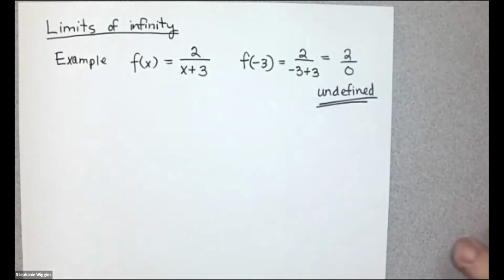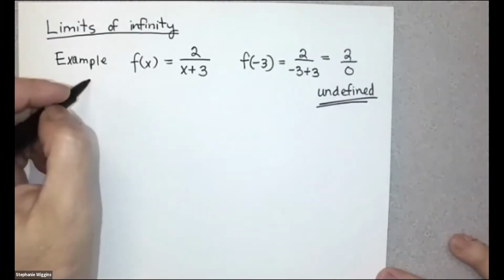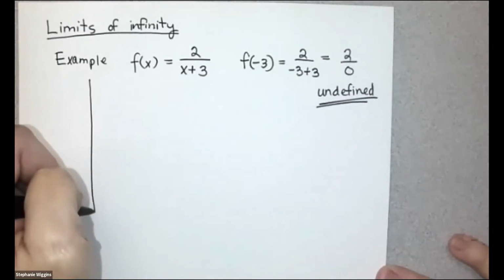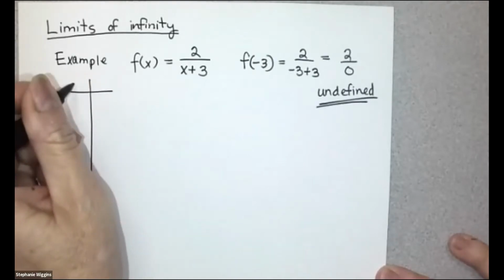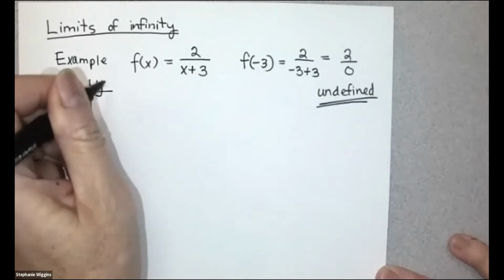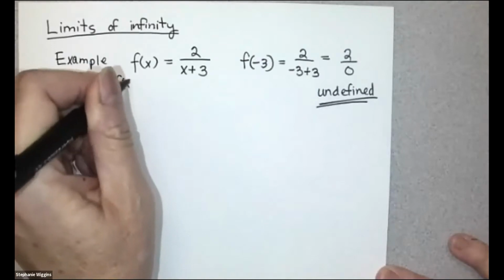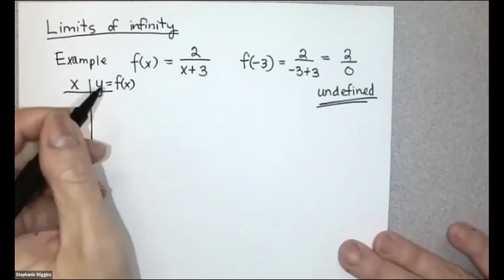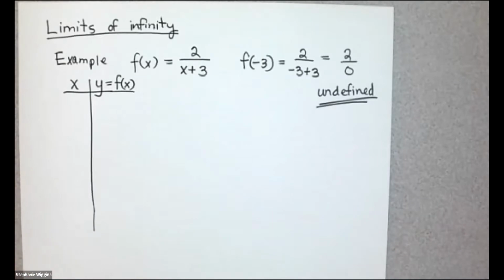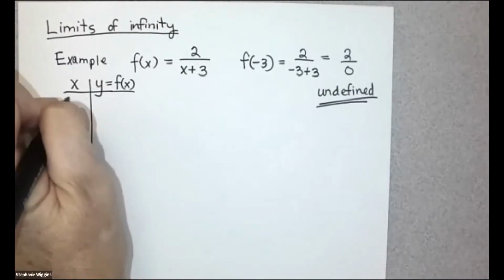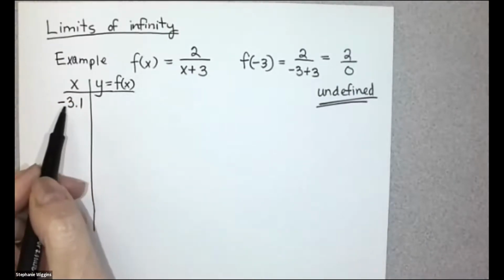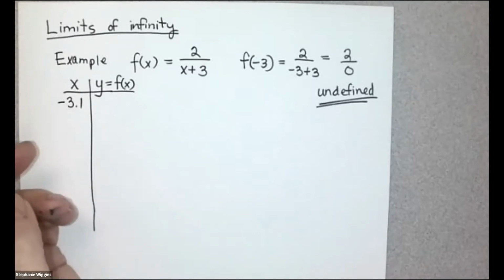So let's go ahead and draw a table and plug in some values so we can see what's happening here. So my input is x, my output is y, and those of course are function values. The output values are function values. And I want to pick numbers that are close to -3. So I'm going to pick -3.1, let's say. And this is on the negative side. It's more negative than -3.